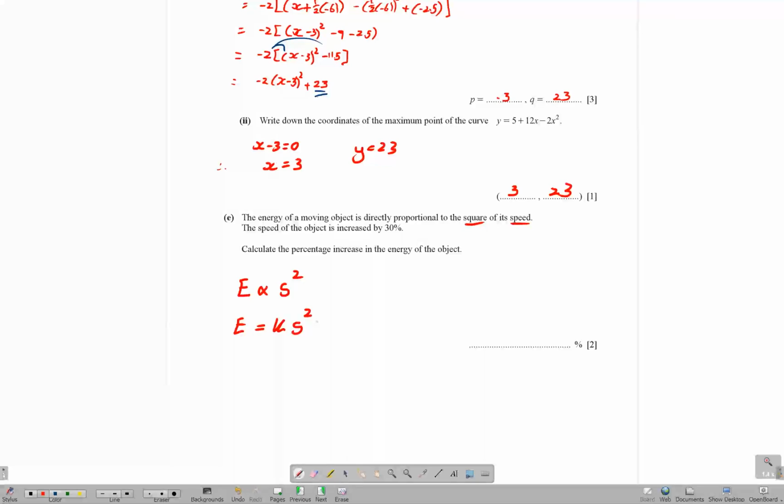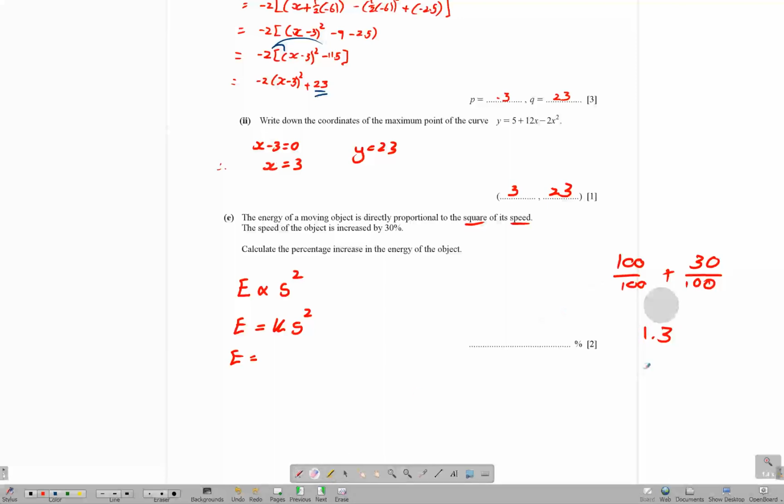Now there's a reason why I'm doing this, because what I'm going to do now is increase the speed by 30% and then see what happens to the energy. Okay, so if we increase the speed by 30%, remember, if you increase with a certain percentage, you can just add that to 100 over 100. So that's 100 over 100 plus 30%. Or you can just say that it's a multiplier of 1.3.